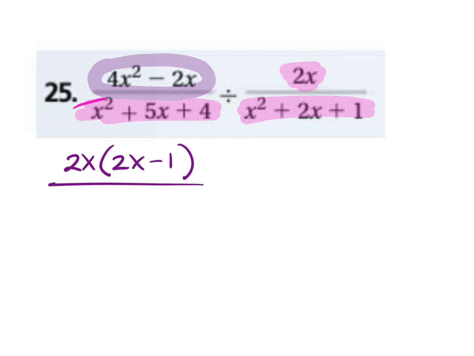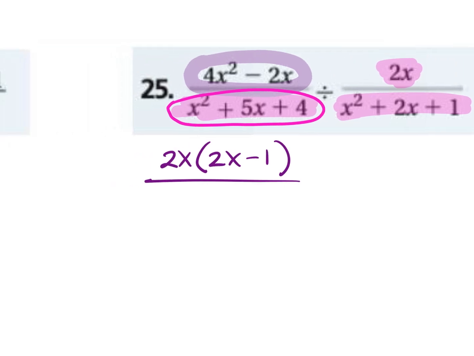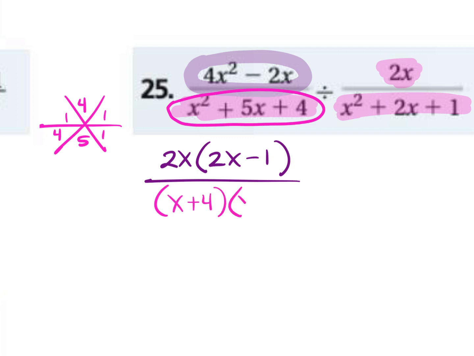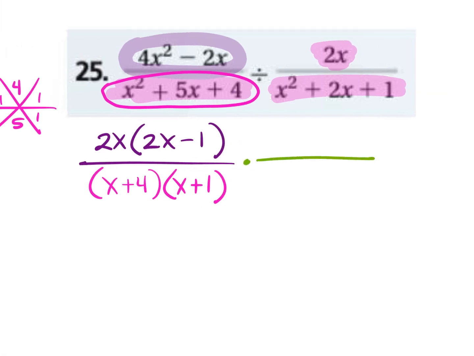Okay, then we factor x squared plus 5x plus 4. So you're going to set up star method. What can you multiply to get 4 that you can add to get 5? 4 and 1. So that's going to be x plus 4 and x plus 1. Okay, now we're going to multiply and we're going to flip it over. So this 2x is going to move to the bottom.